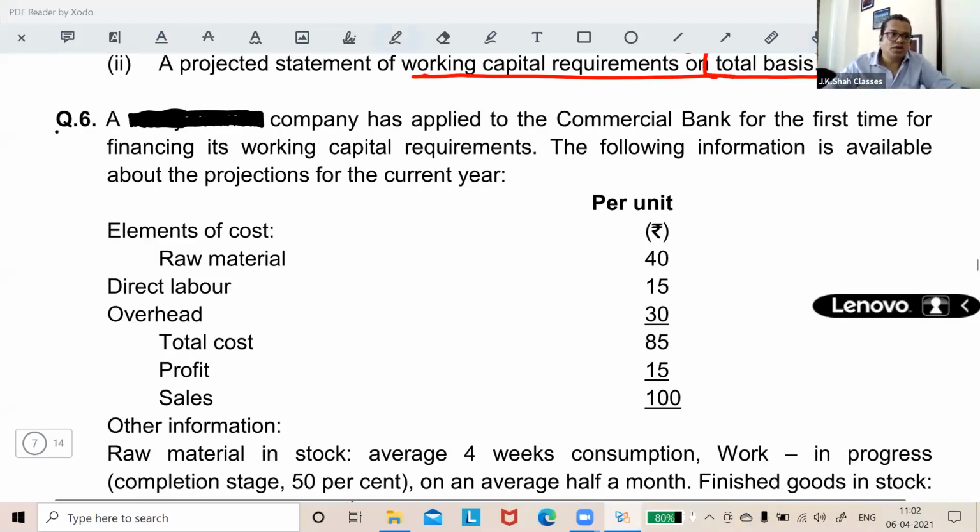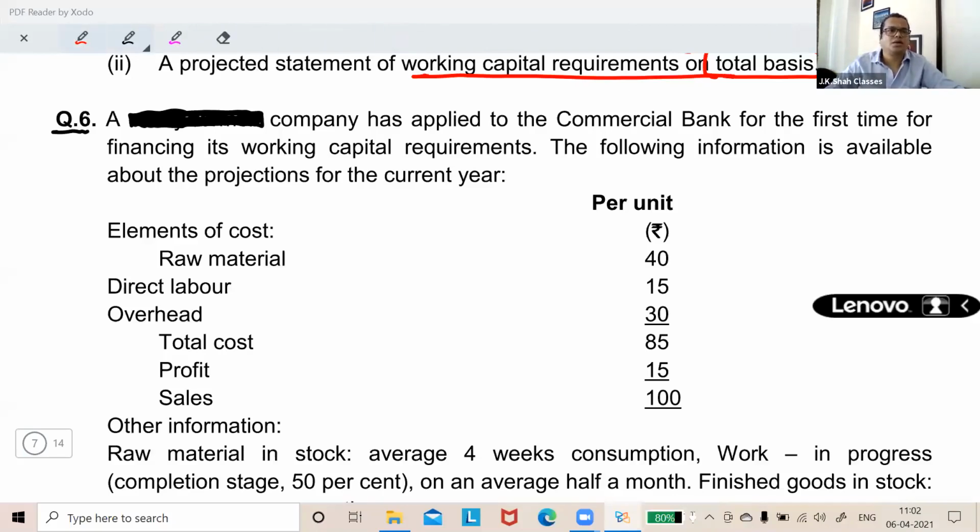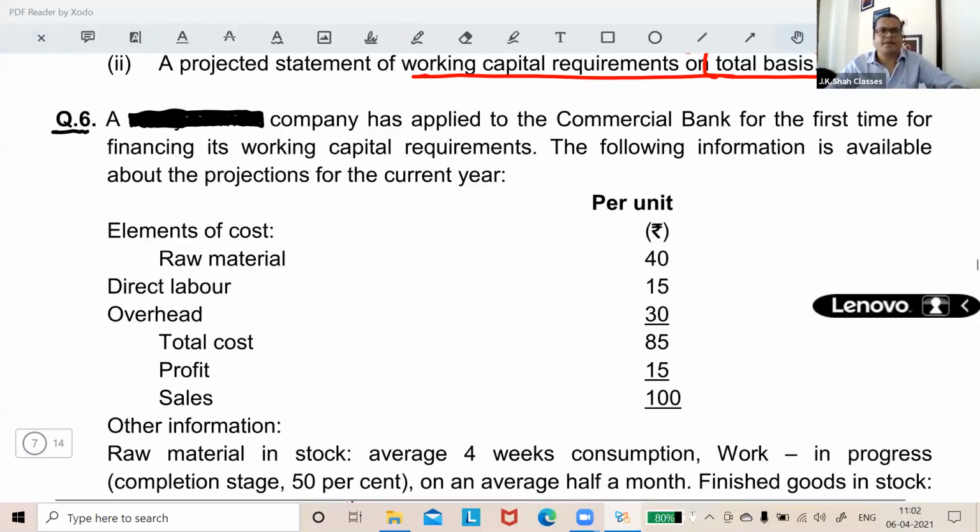Okay, so let's come to question number 6. A company has applied to the commercial bank for the first time for financing its working capital requirement. The following information is available about the projections for the current year. Then this is the usual thing.